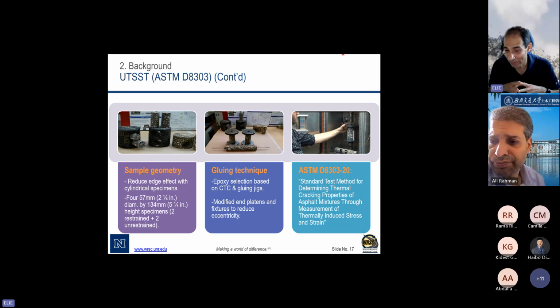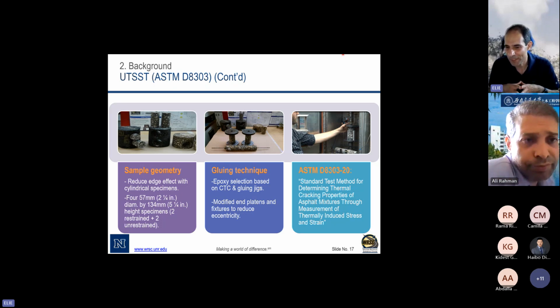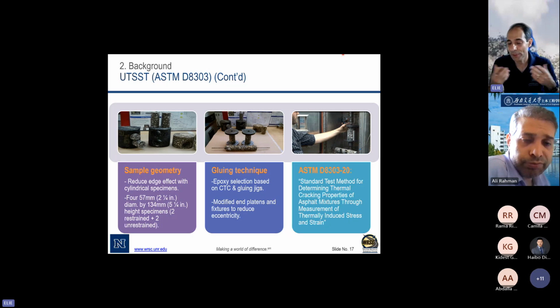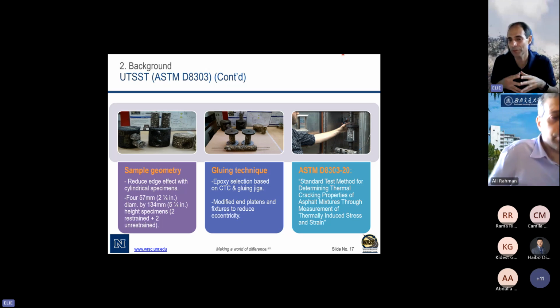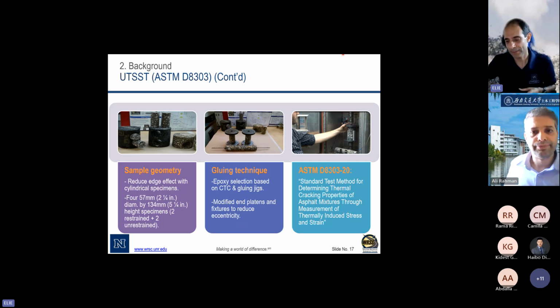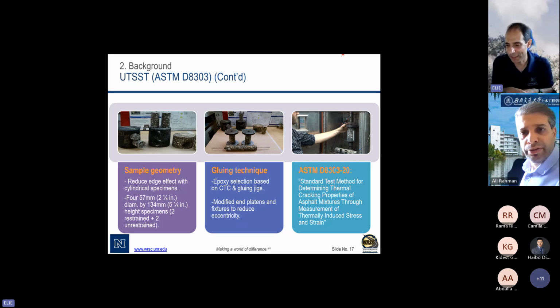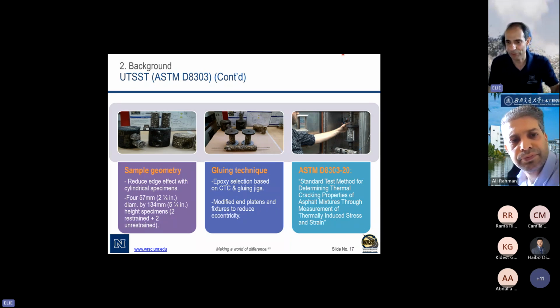Intermediate cracking might be enough, but in some other locations, like Minnesota, North Dakota, South Dakota, beyond just intermediate cracking, they also need a thermal cracking test. For the same reason of what we derive over here, the behavior of the material is going to change when it's at a warmer temperature versus a cooler temperature.